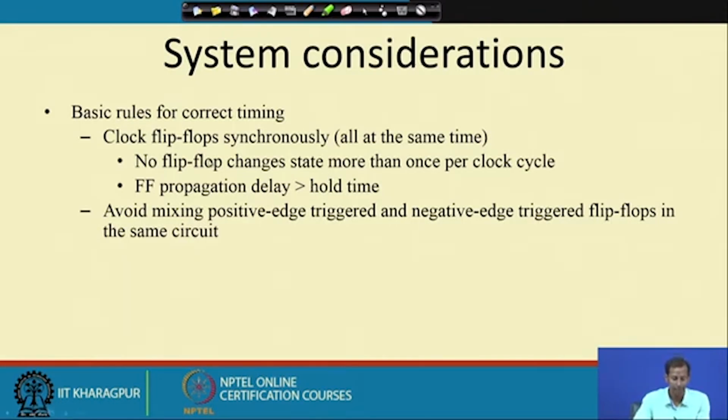As all the flip flops are driven by the same clock, all are synchronous, so data change happens at the clock edge of a single clock. That is why no flip flop changes state more than once per clock cycle, because everyone is running at the same clock frequency, and the flip flop propagation delay is more than the hold time delay.